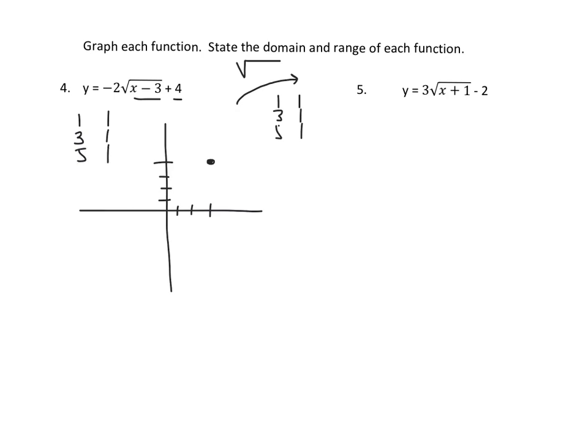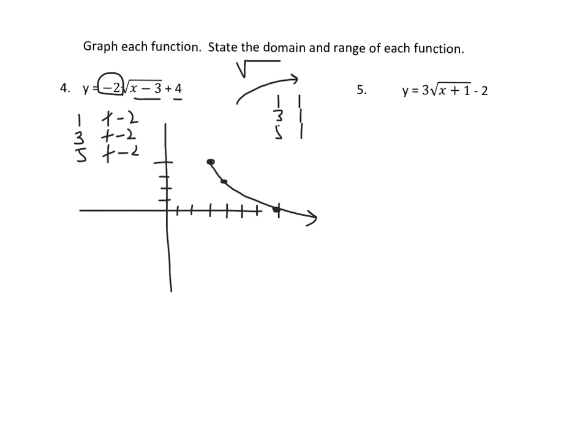And then negative 2, since it's out in front, we'll multiply the y's by negative 2, because that will vertically stretch or shrink the graph. Then my movement is over 1, down 2, and then over 3, down 2, and the graph would look like this.